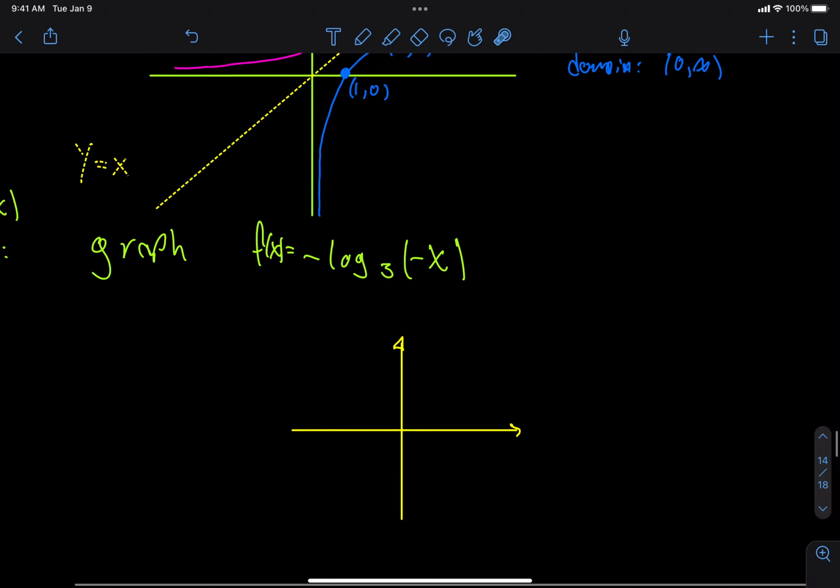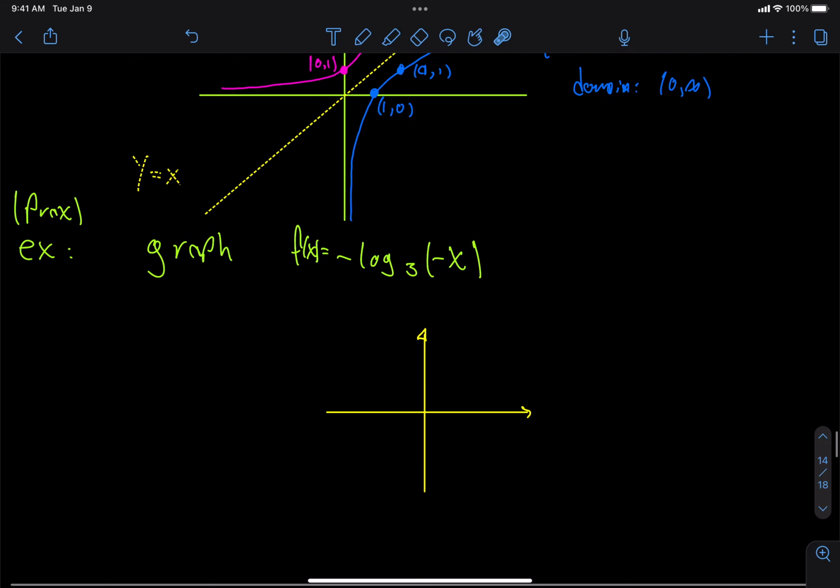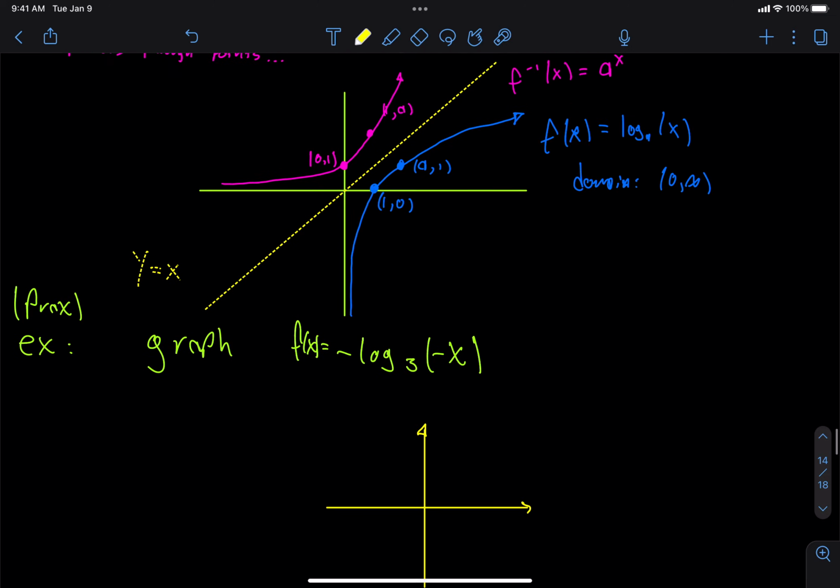But quite literally, here's the deal. All I'm gonna do is make this picture, except I'm gonna apply two transformations. The first transformation that I have to apply is a horizontal reflection. And the second one is a vertical reflection.